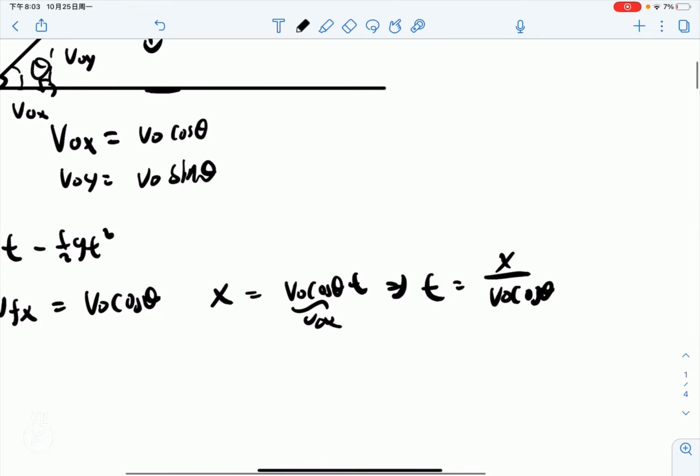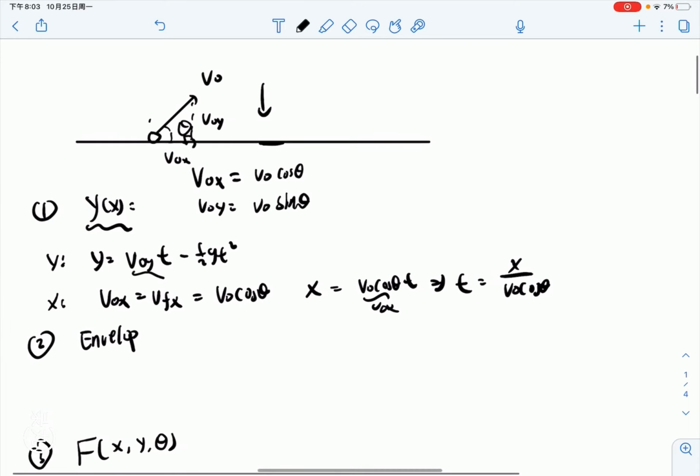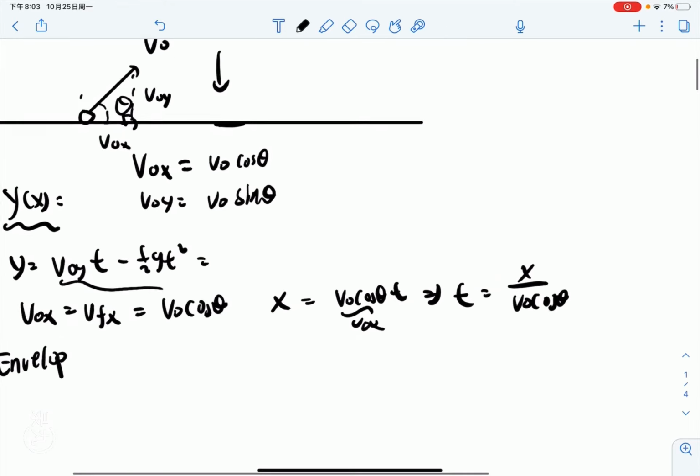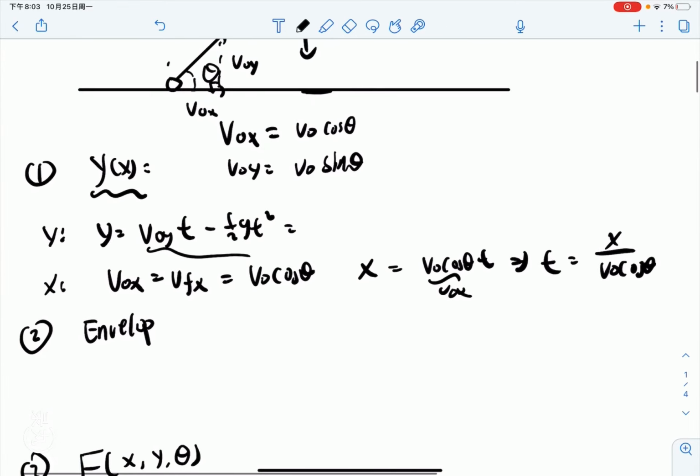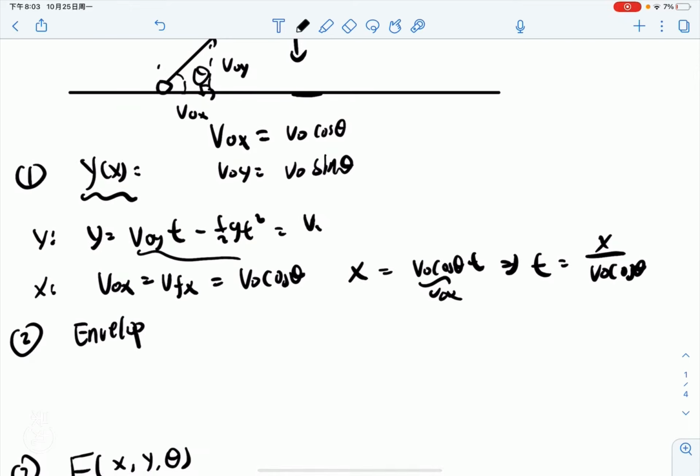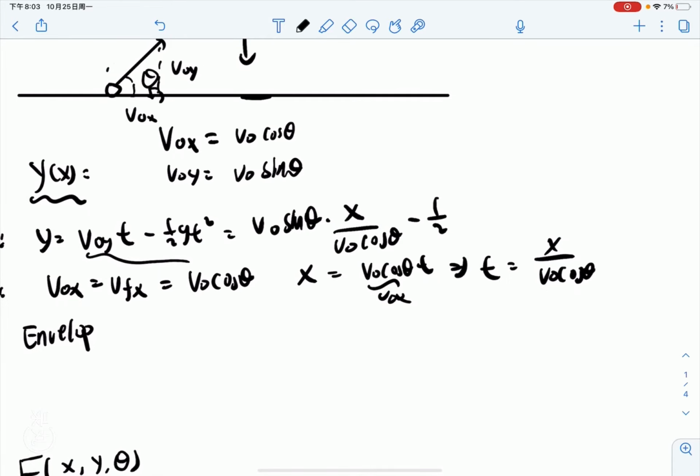Now if we plug that into the equation over here, we can find the function of y of x, which is v0 sine theta times x over v0 cosine theta, minus 1/2 g x squared over v0 squared cosine squared theta.